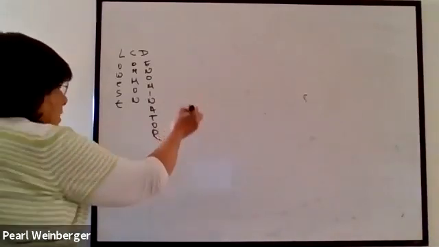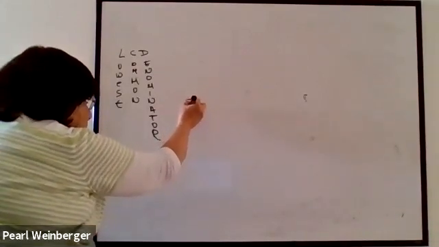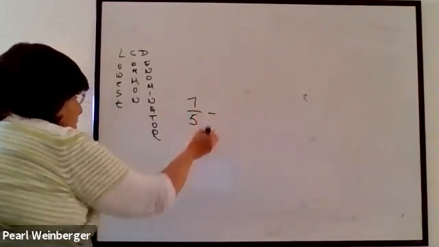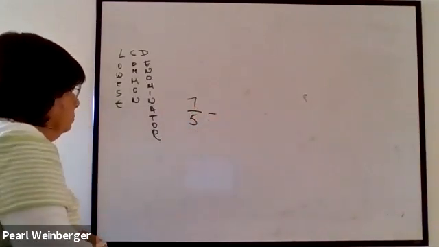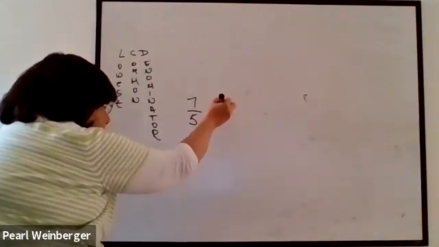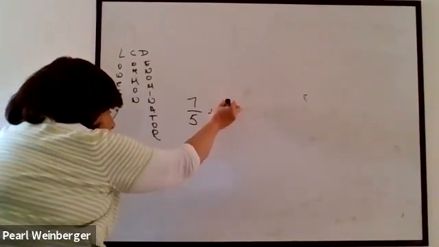So let's say I have 7/5, now let's do plus 13/5.